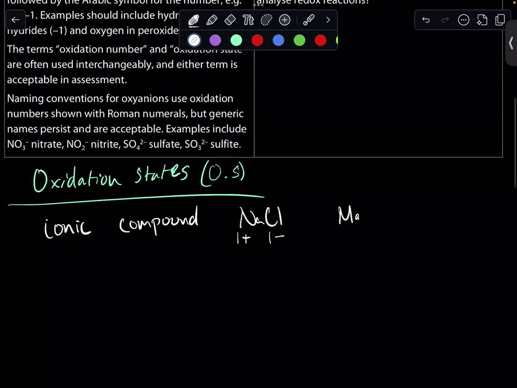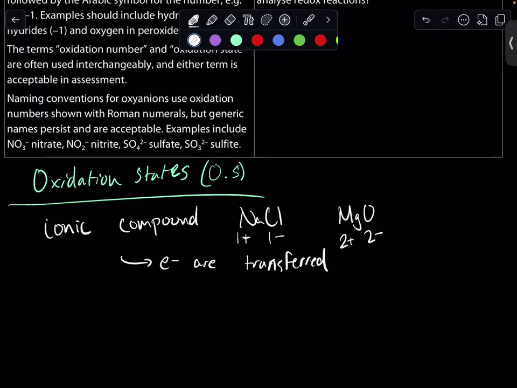Another example might be MgO. This will be 2 plus and this will be 2 minus. We know the charges of those compounds because electrons are transferred. It's pretty easy with ionic compounds to know the charges of the atoms.